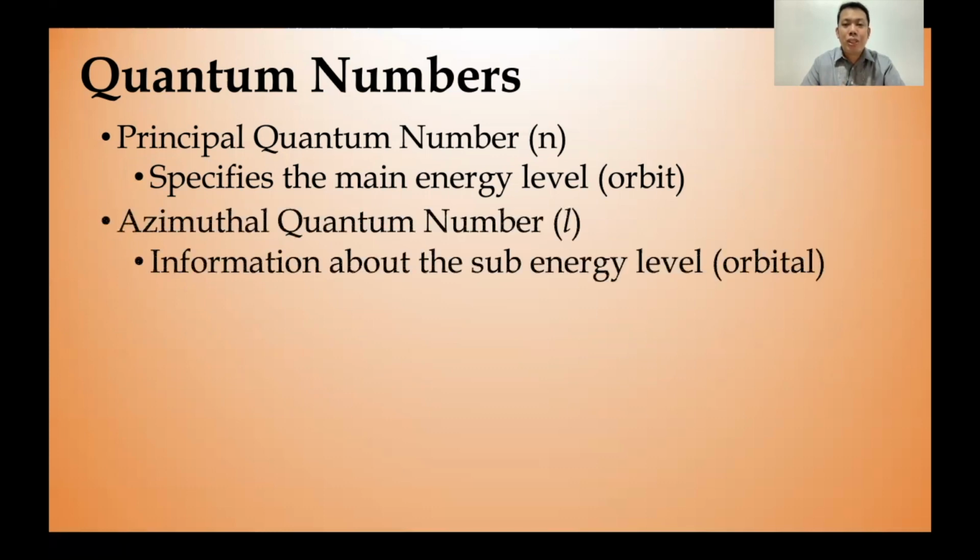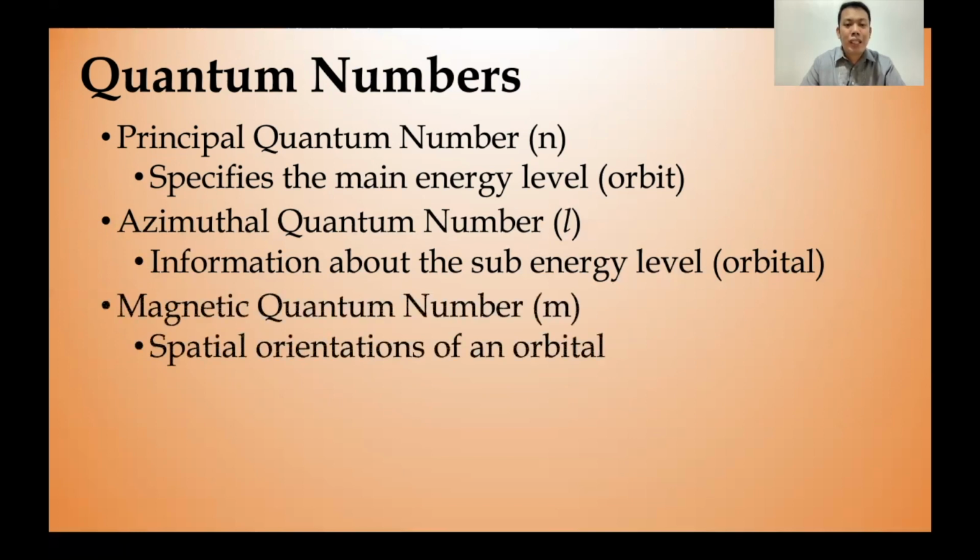Another is the azimuthal quantum number, also known as the angular momentum quantum number. They are just the same. This gives information about the sub-energy level, known as the orbital. I am sure that you are still familiar with the SPDF. Later on, we will talk more about that. The magnetic quantum number has the symbol letter m.